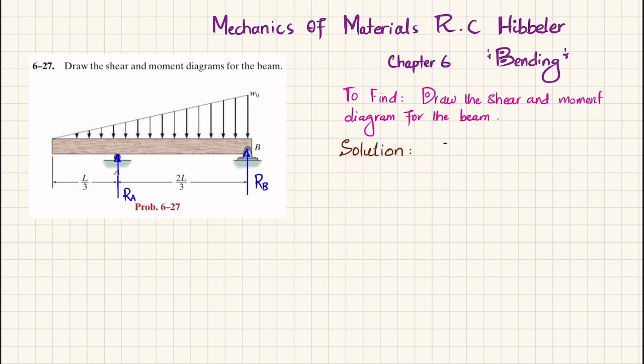The first equation of equilibrium is that the sum of all moments about point B is equal to 0, taking the counterclockwise moment as positive.